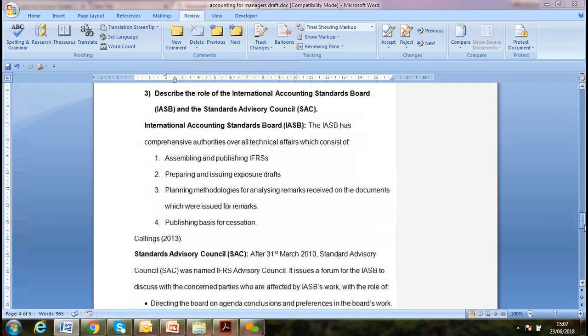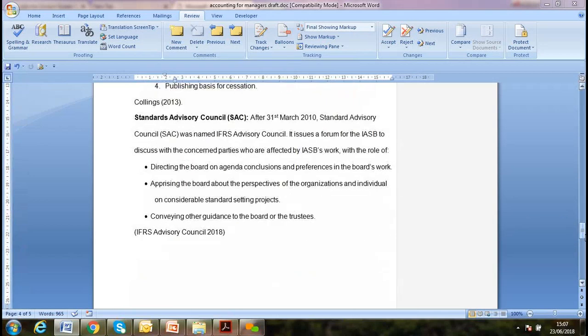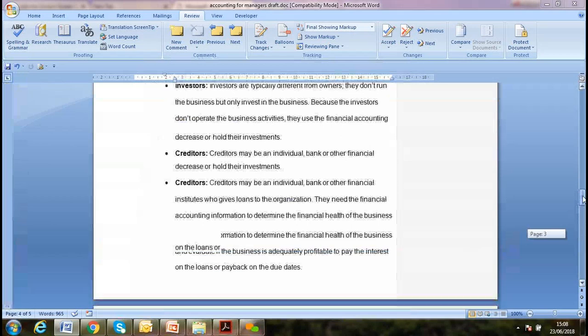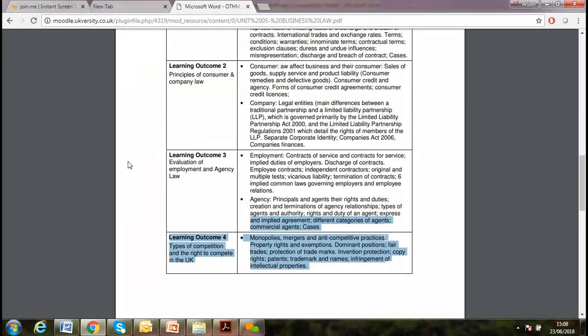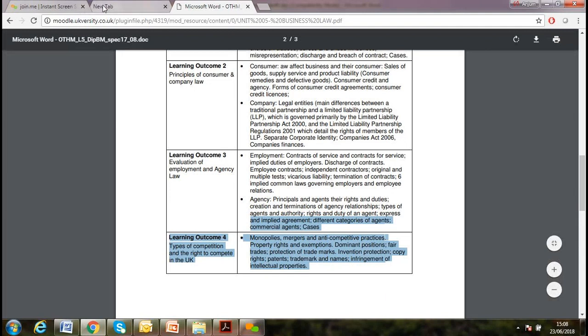Yes? Yeah. So tomorrow at 2 o'clock we will have the task 2 for accounting. Tomorrow at 2 o'clock we'll do the lessons on business law. Before that we'll do a session on accounting.